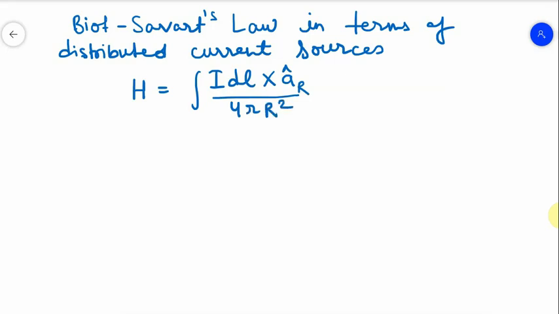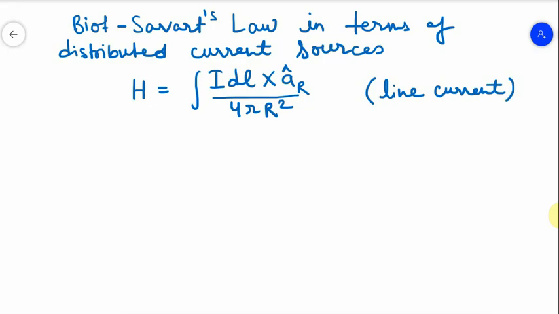Now from where this integration sign appeared? Previously it was dH, so if we integrate on both sides, dH will be your H, and on the right side the integration sign will appear, and this one is for the line current, what we saw just now.